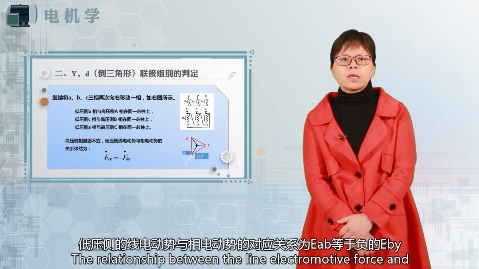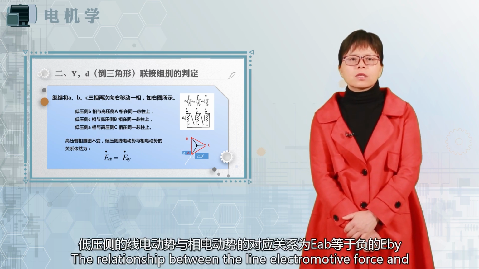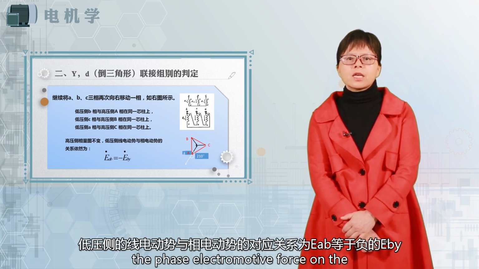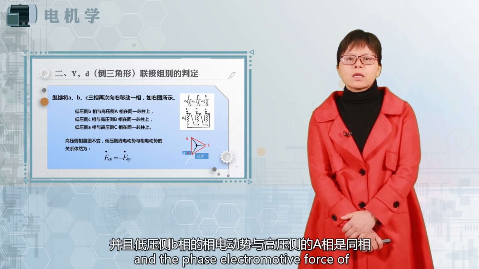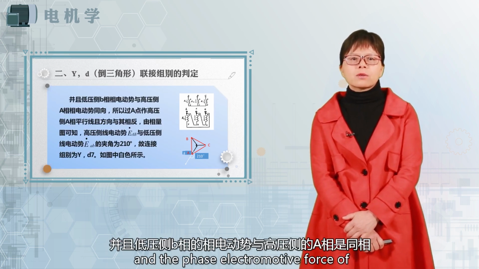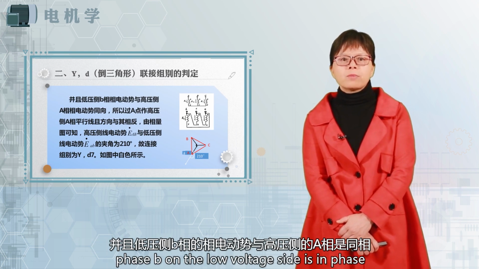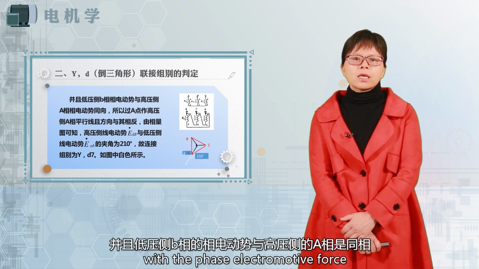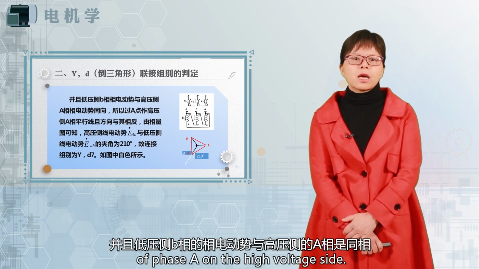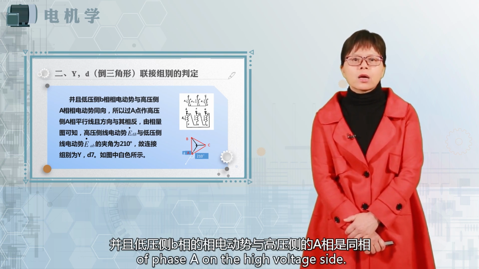The relationship between the line electromotive force and the phase electromotive force on the low voltage side is that EAB equals EBY, and the phase electromotive force of phase B on the low voltage side is in phase with the phase electromotive force of phase A on the high voltage side.